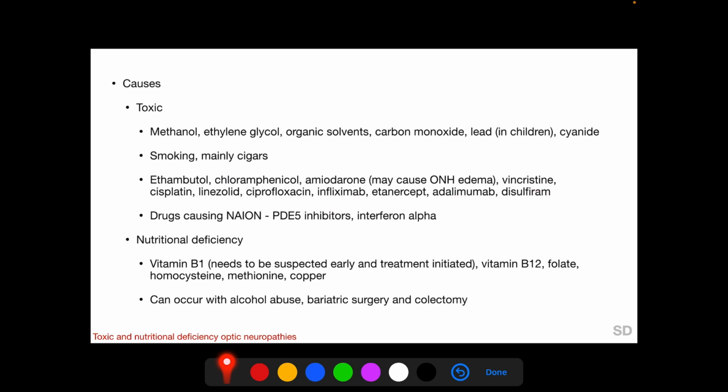Drugs causing NAION or making the disc appear like NAION include amiodarone, phosphodiesterase 5 inhibitors, and interferon alpha.